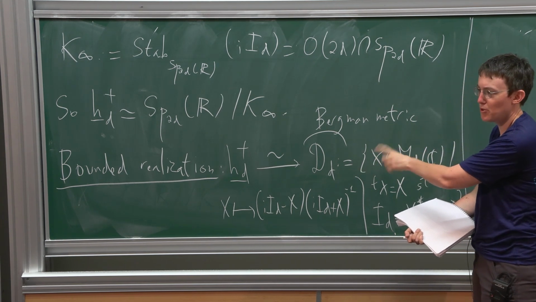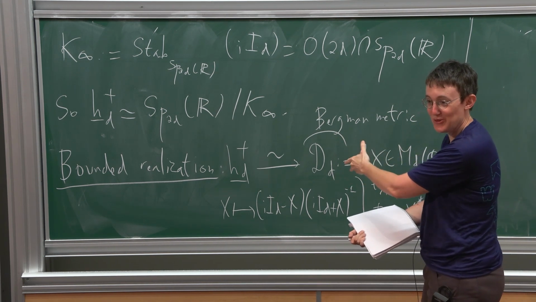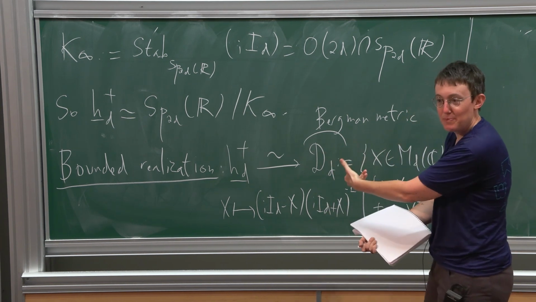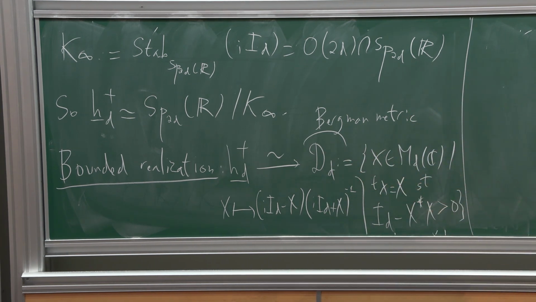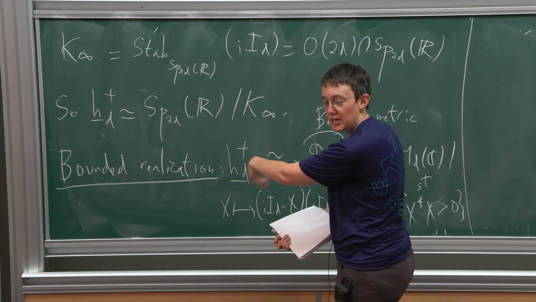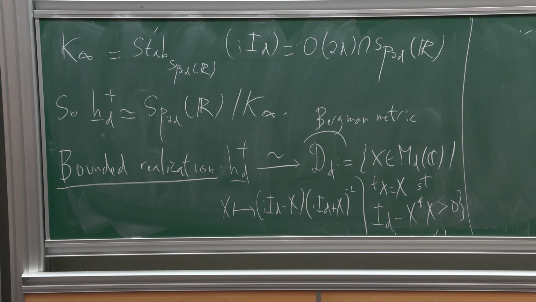Again, it's in the notes, maybe there's a mistake in it, I'm not sure, but there's also a reference to the Siegel paper where he calculates it. The Bergman metric, being canonical, is invariant under every holomorphic diffeomorphism. So if I transport it back here, it's invariant under the action of Sp2d of R. So that gives me the structure of a Hermitian symmetric domain.